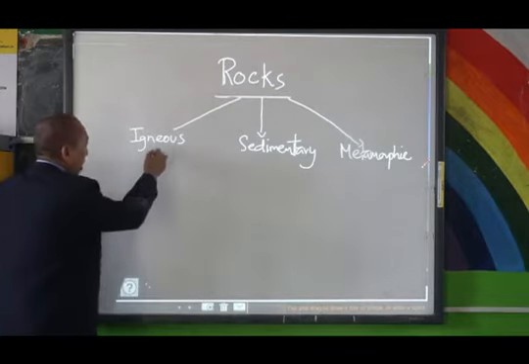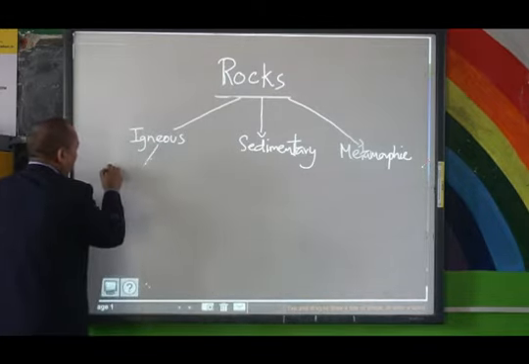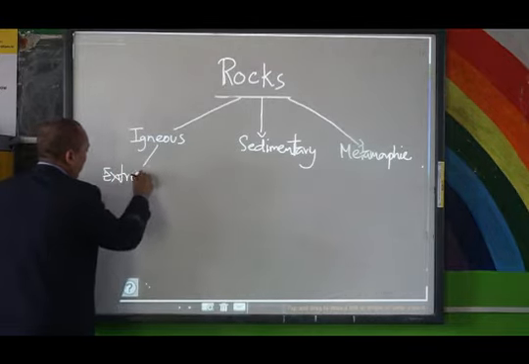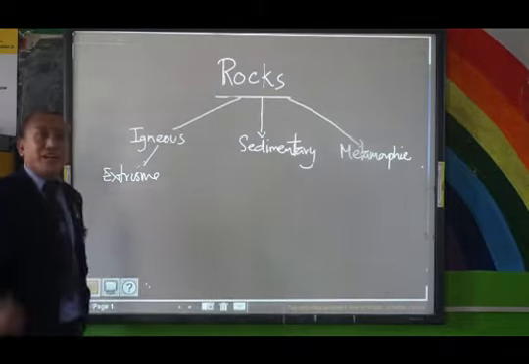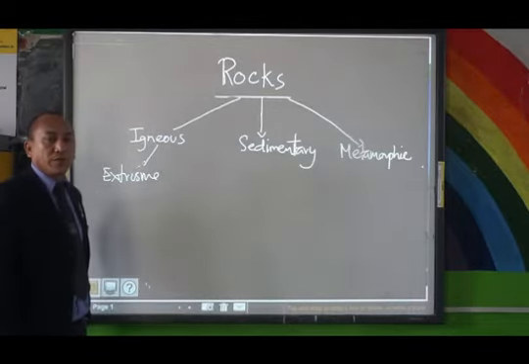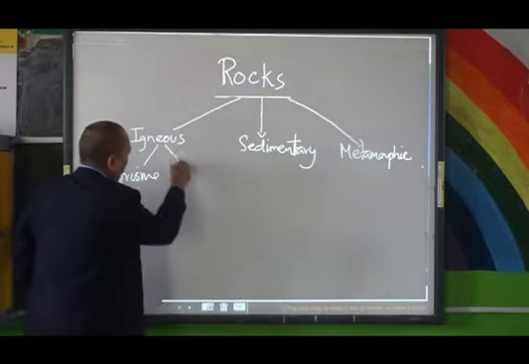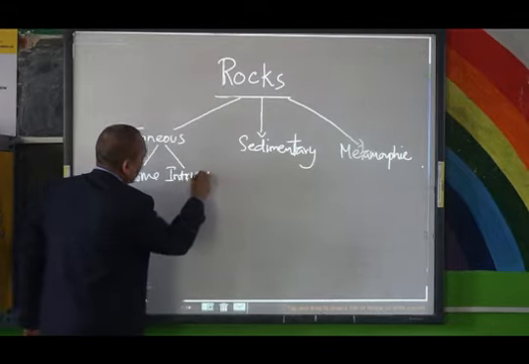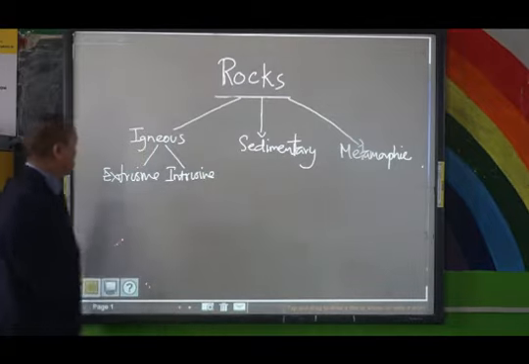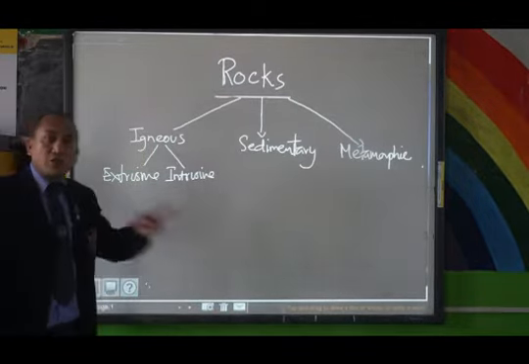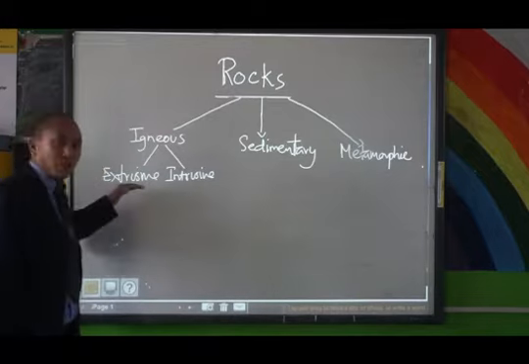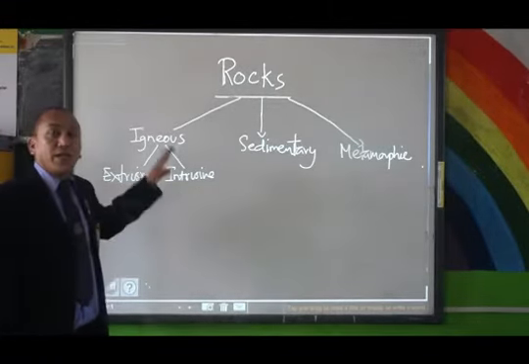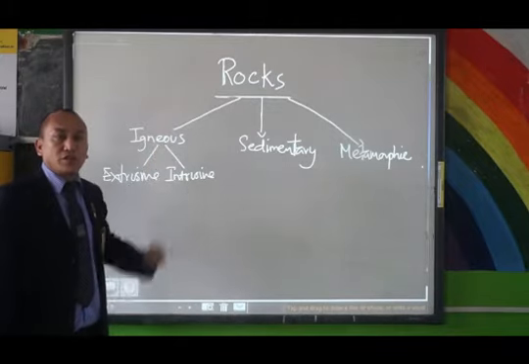There are two types. One is an extrusive igneous rock, and the other one is an intrusive igneous rock.